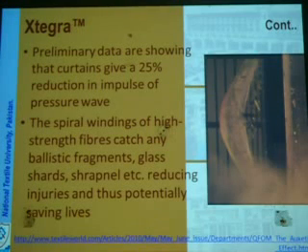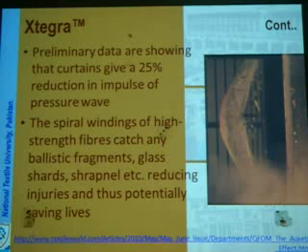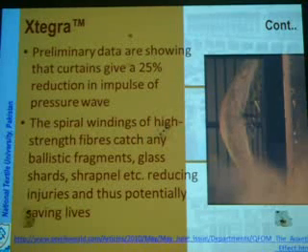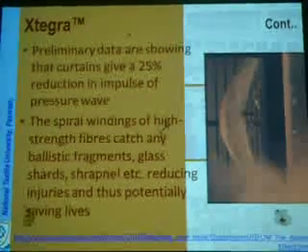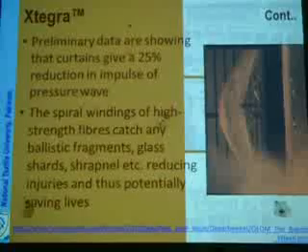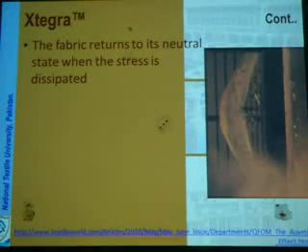Preliminary data show that curtains give a 25% reduction in impulse wave pressure. The spiral windings of high strength fibers catch any ballistic fragments, for example glass shards, reducing injuries and thus potentially saving lives. The fabric returns to its usual state when the stress is dissipated.